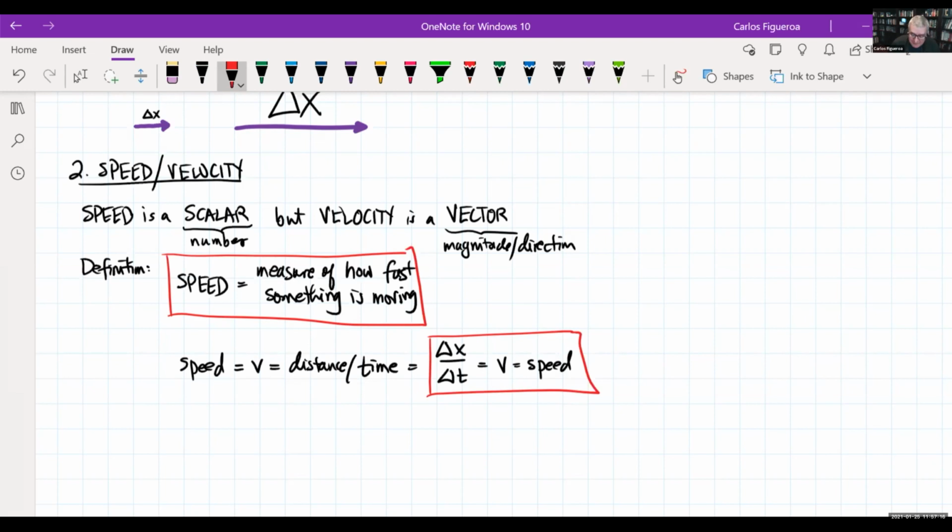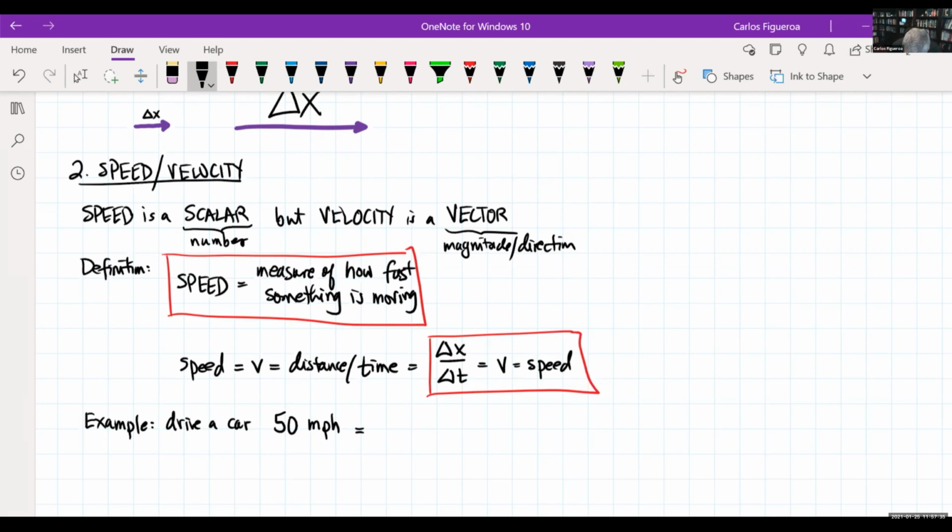And this makes sense here. As an example, you could drive a car 50 miles per hour. But what does 50 miles an hour mean?